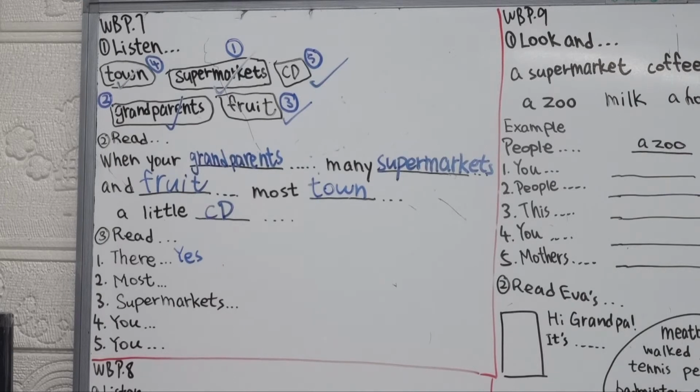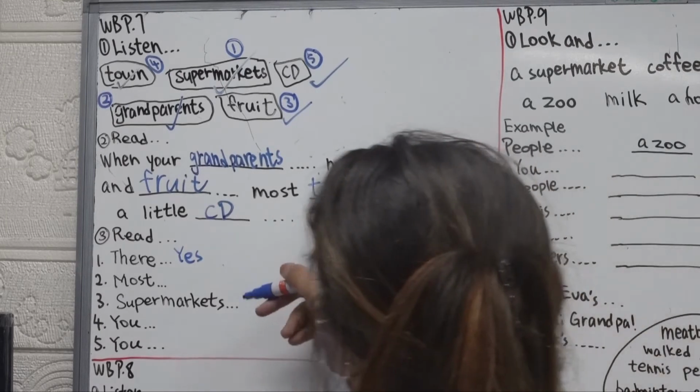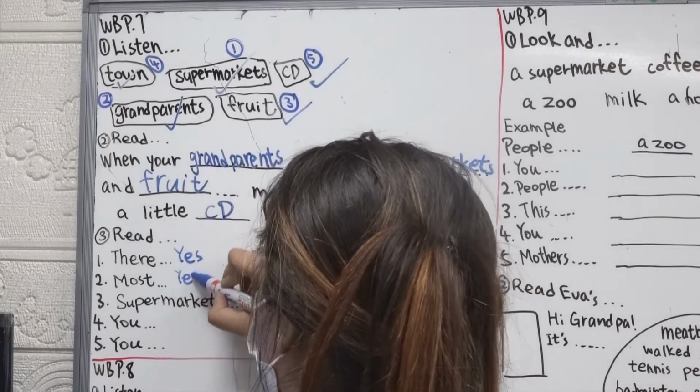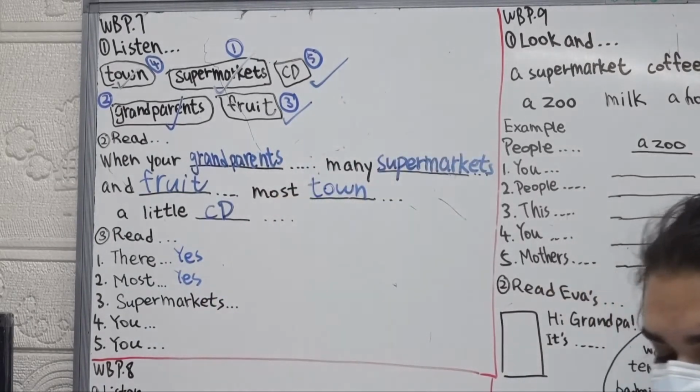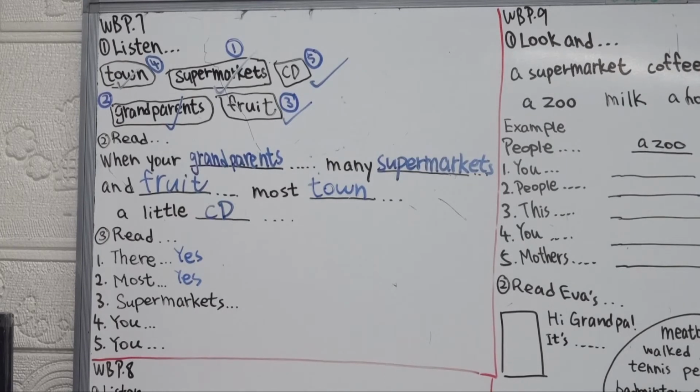2, let's read. Most towns have 1 or 2 supermarkets. So what do you think? It's true or not? Yes, right? According to here, it says most towns have 1 or 2 supermarkets.